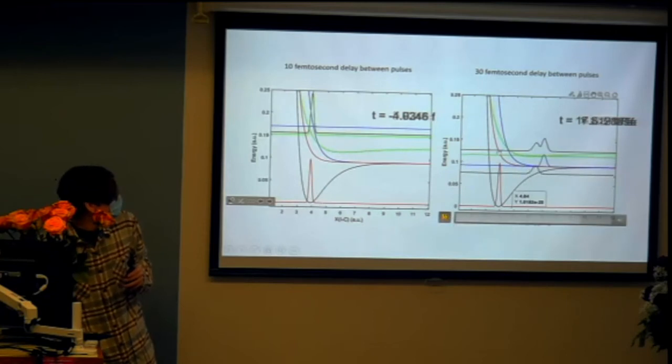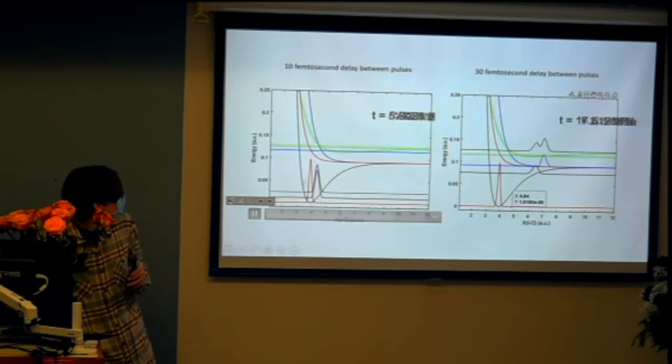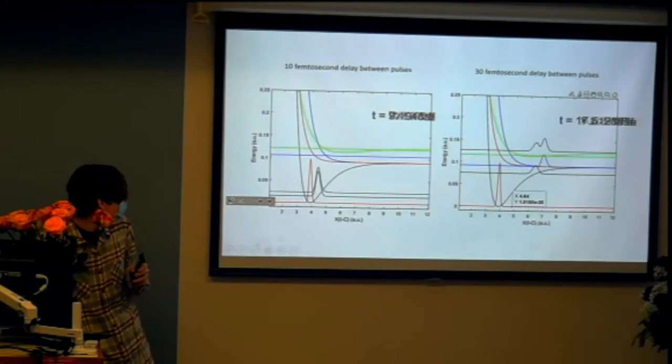And the relative distribution didn't drop as far as it did in this 10 femtosecond delay. So there's less of a change in energy. And you can see it's about between 6 and 7 atomic units is the difference in the bond length.